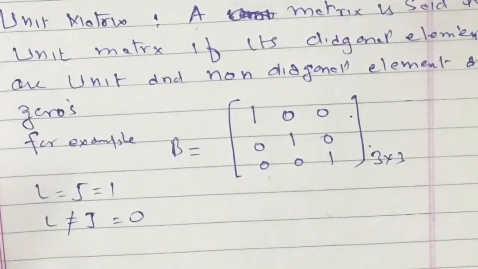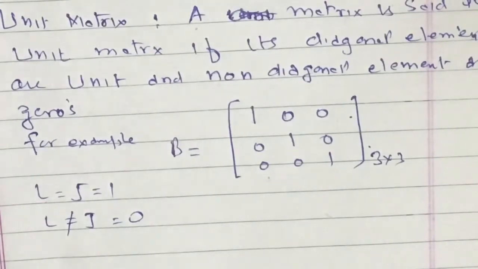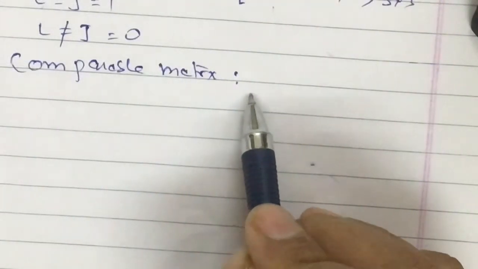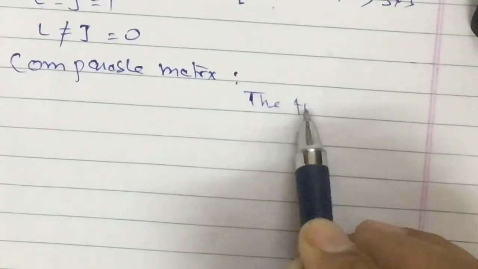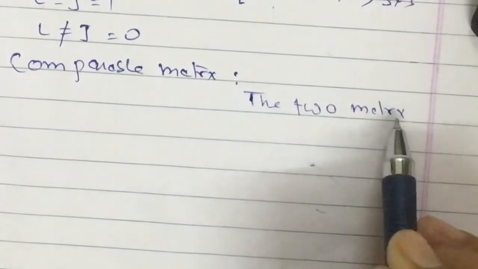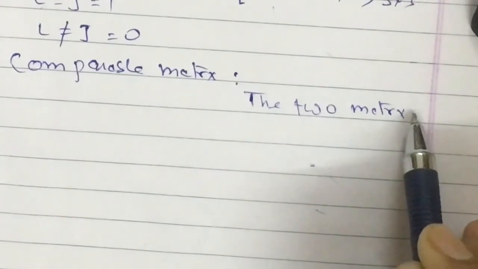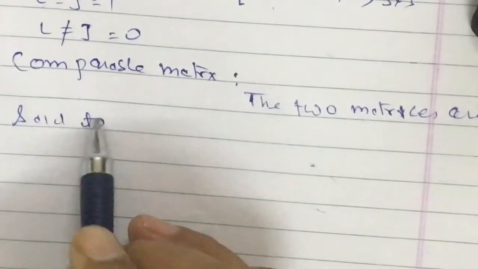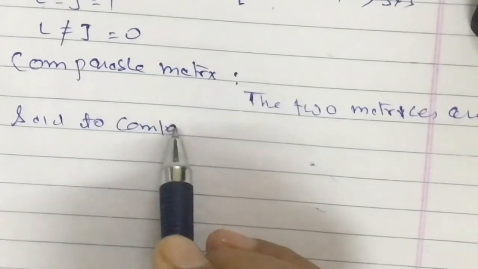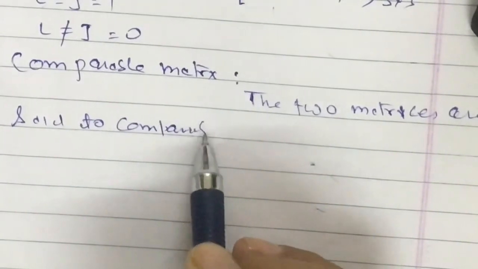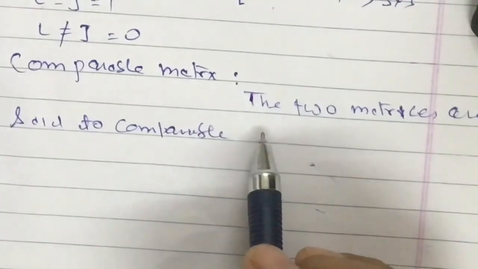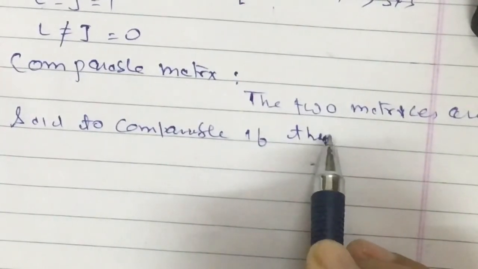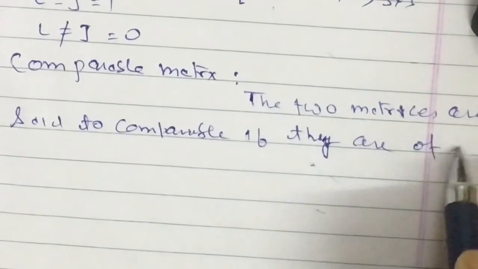Now, come to the comparable matrix. Two matrices are said to be comparable if they are of the same order.